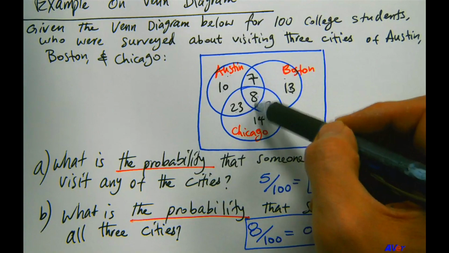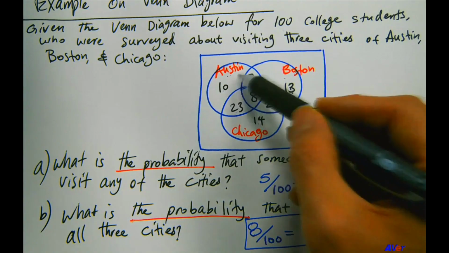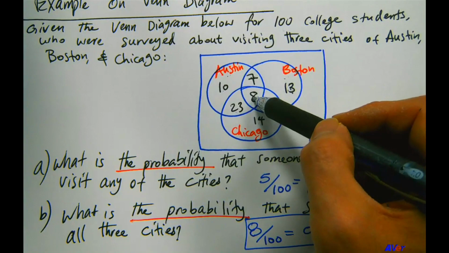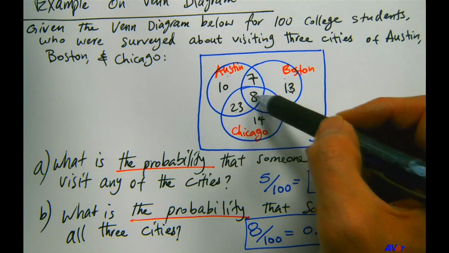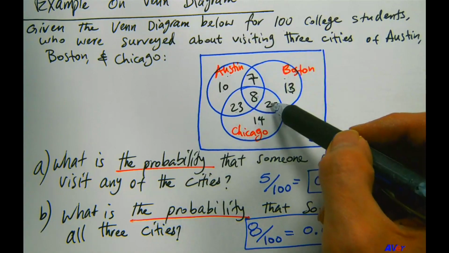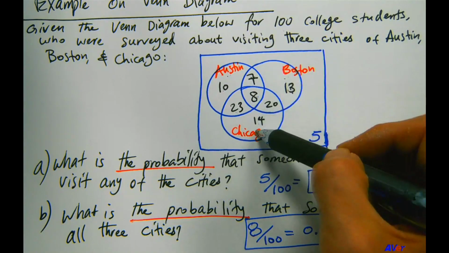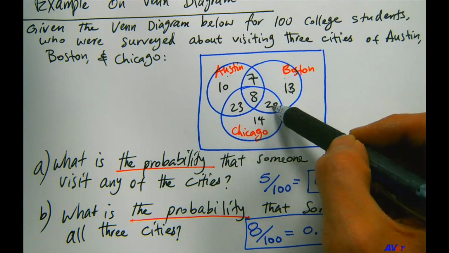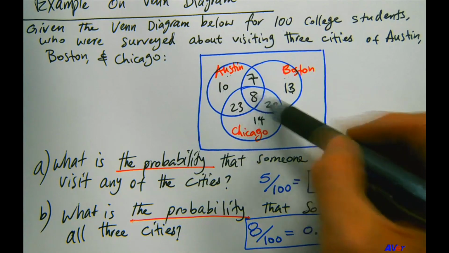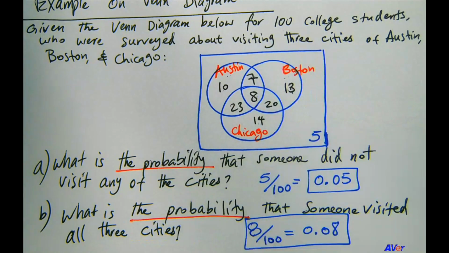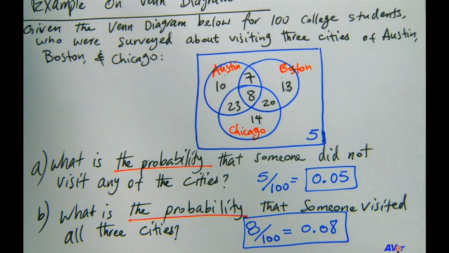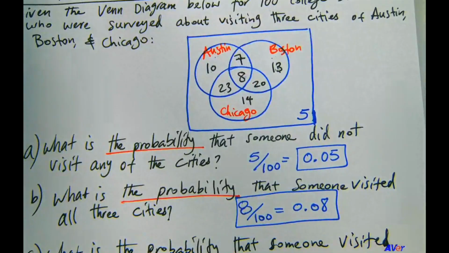Then we have these 8 who visited Austin, Boston, Chicago. We don't want that because we don't want anybody who visited Boston to have visited Chicago. Not them. And these 20 visited Boston and Chicago only. So we still don't want that. Okay, we don't want any of these, but we want these 2. So 13 plus 7 over 100, so we have 0.20.